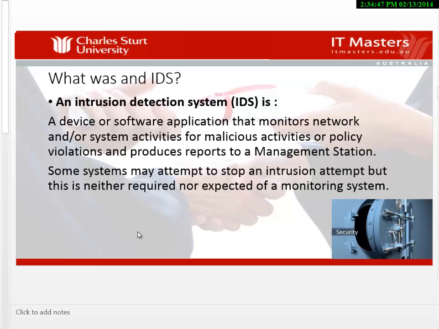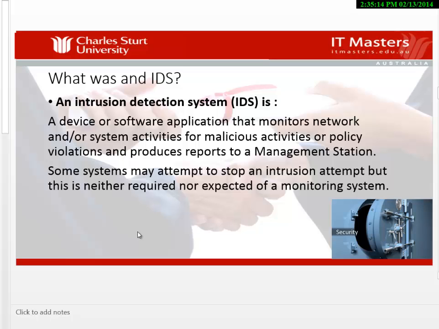Okay, what did we cover this week in the presentation? We did cover what IDSs and IPSs are. Just a quick reminder, what was an IDS? An IDS is an intrusion detection system, which is a device or software application that keeps an eye on the network or system activities for any possible malicious activities or policy violations.